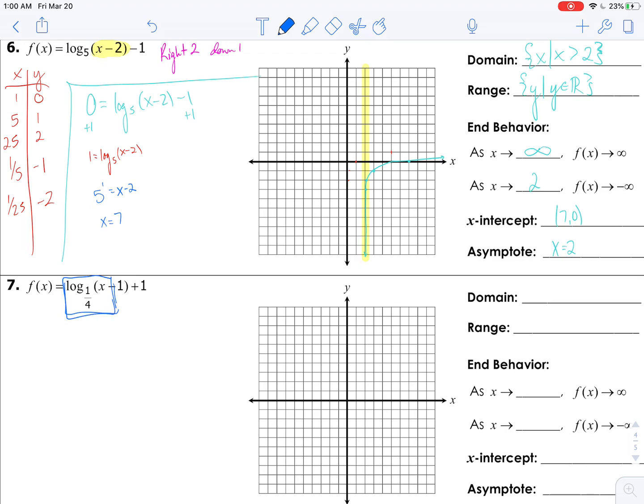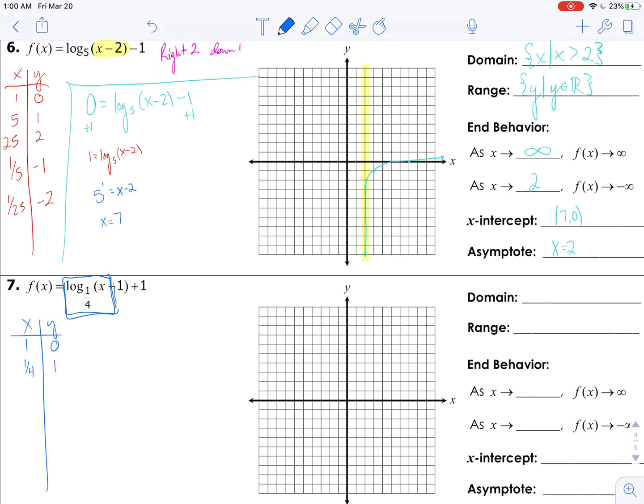And our last one here, graphing just this parent function first. x, y. So log base 1/4 of x. So 1/4 to what power gets me 1?